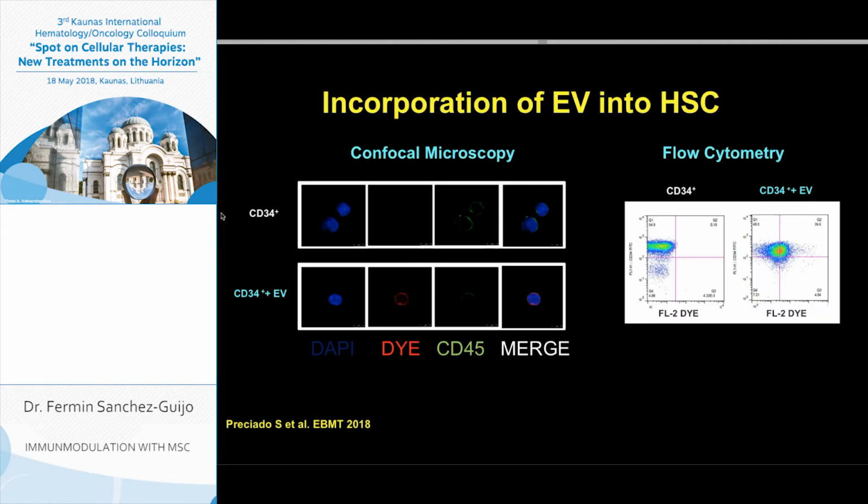So we've seen how extracellular vesicles from MSCs can improve the function of CD34 positive cells. They are incorporated into the hematopoietic progenitors, as you can see either by confocal microscopy or by flow cytometry when we label with fluorescence dyes.